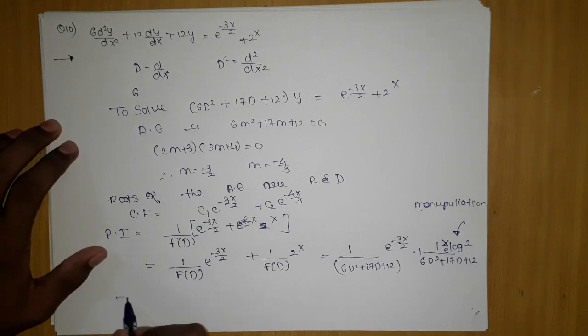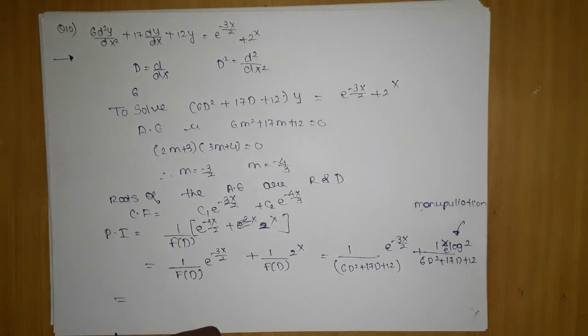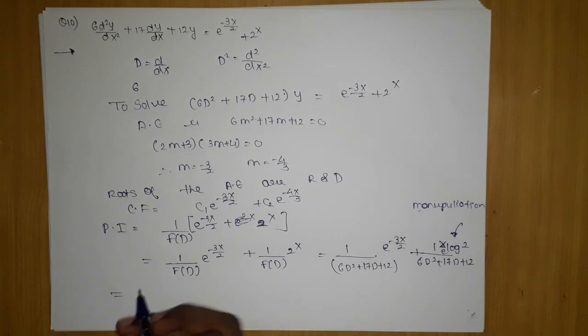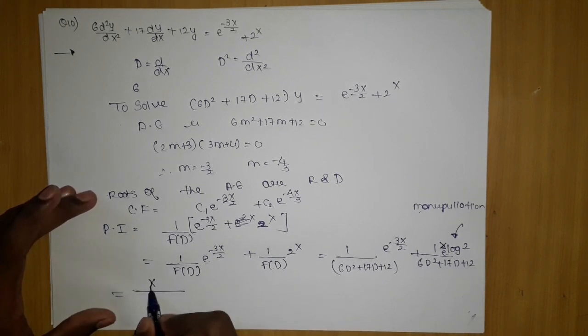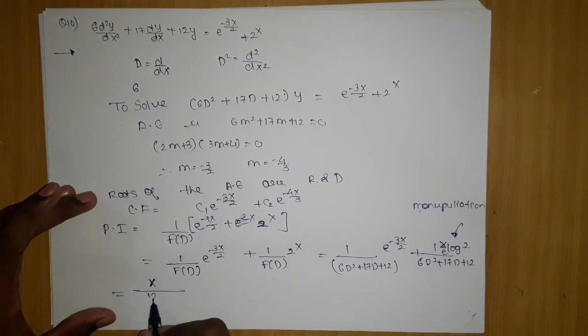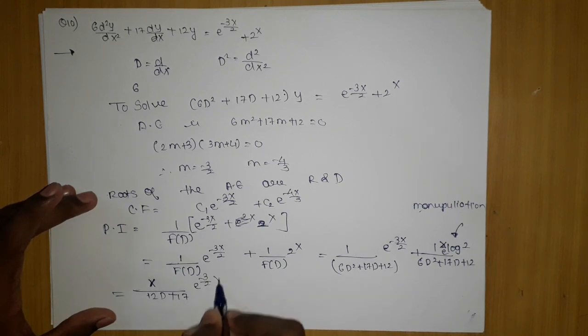The moment you do this manipulation, what we are going to get finally is that we differentiate this, which will give us x on top, and here we will have 12d plus 17 with e to the power minus 3 by 2x.